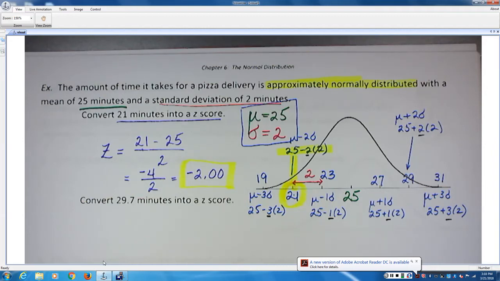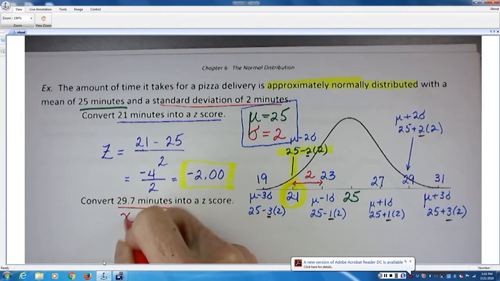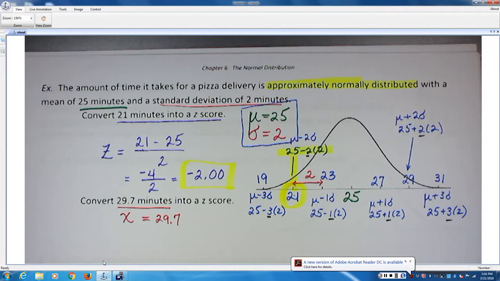On the second one, it tells us to convert 29.7 minutes into a z-score. X is going to be 29.7. So then we're going to use the z-score formula by taking x minus mu divided by sigma.